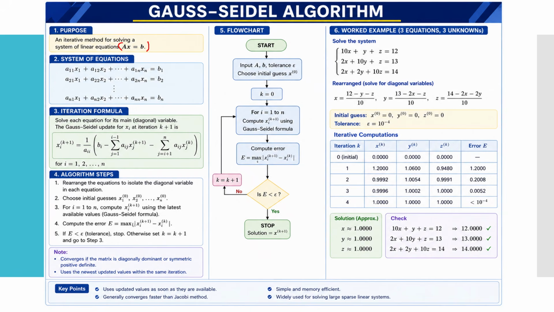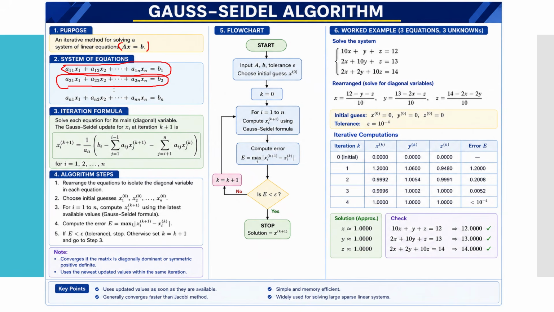So for a system of equations, for example, for the first equation we have a11 x1, a12 x2, up to a1n xn, equal to b1. And again, we have the second linear equation of multivariable function as a21 x1 up to a2n xn equal to b2.